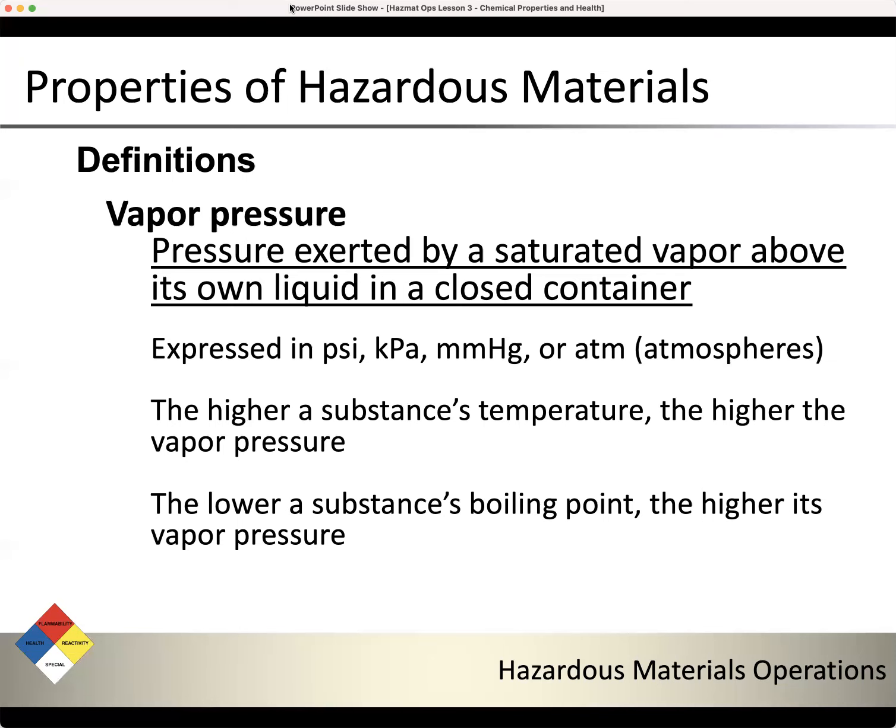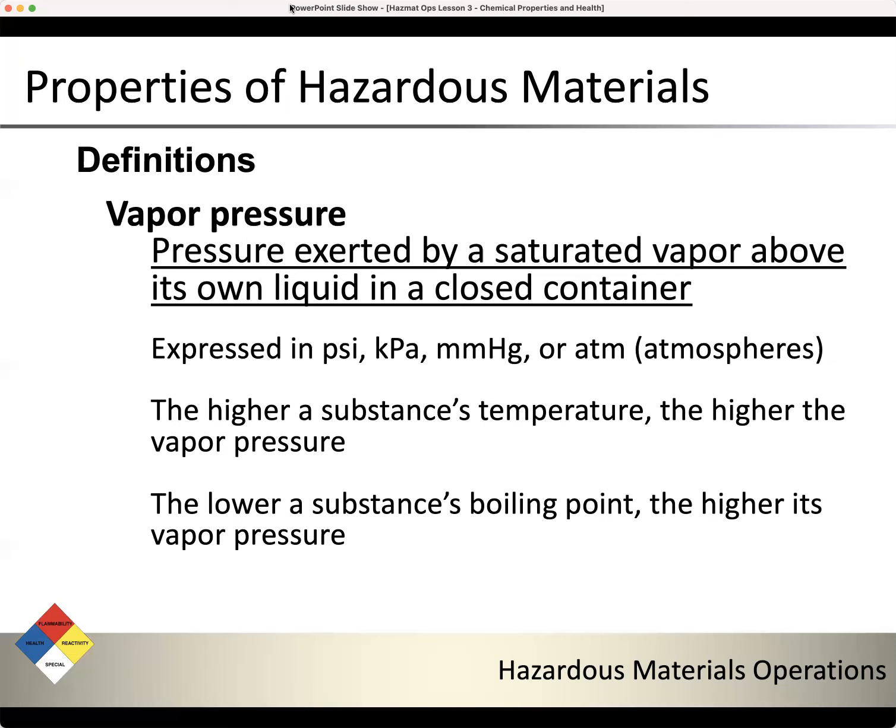So think of vapor pressure as a liquid's willingness, or a substance's willingness, to be a gas. Things with higher vapor pressure want to be a gas. Things that are gas at our normal temperatures and pressures, those chemicals have very high vapor pressures.